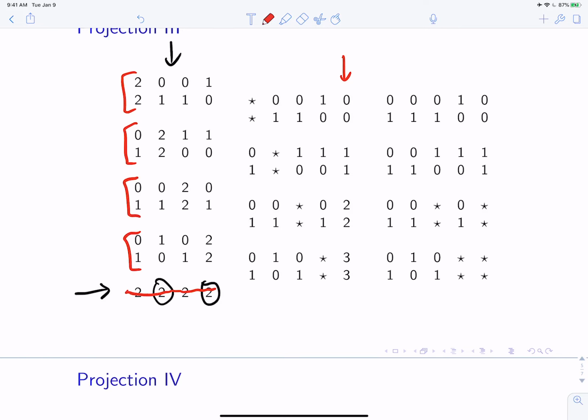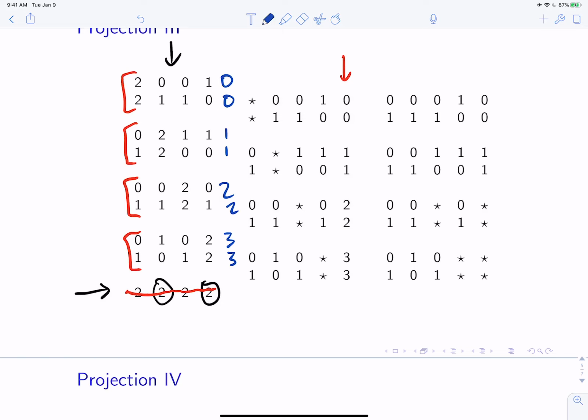You can call the first group the 0 group, the next group the 1 group, 2 group, and 3 group. And then the new column corresponds to just looking at that group number and putting that value in the new column. So 0 0 because it's the 0 group, 1 1 because it's the 1 group, 2 2, 3 3.